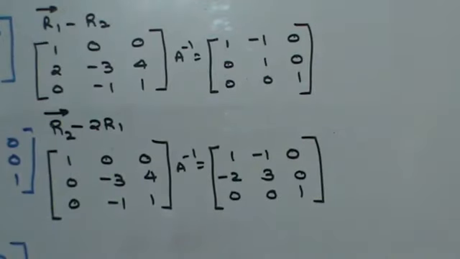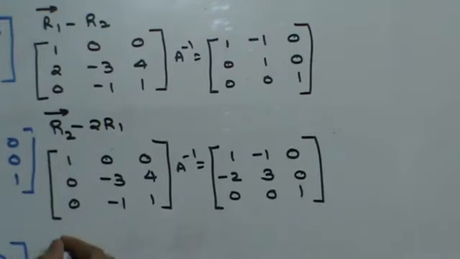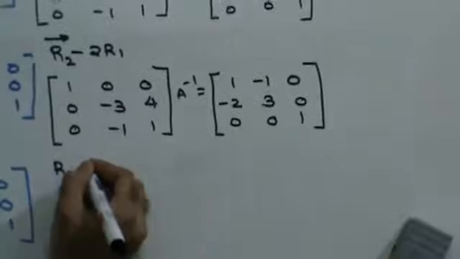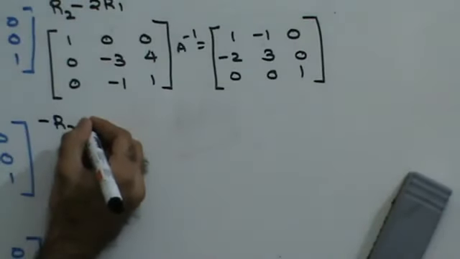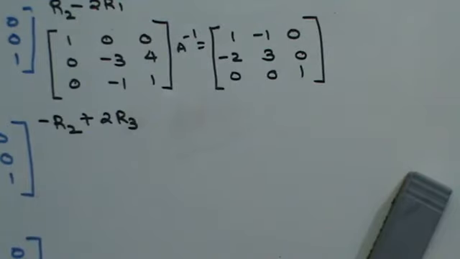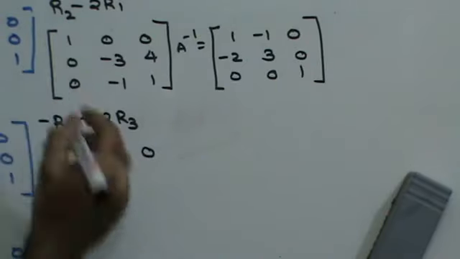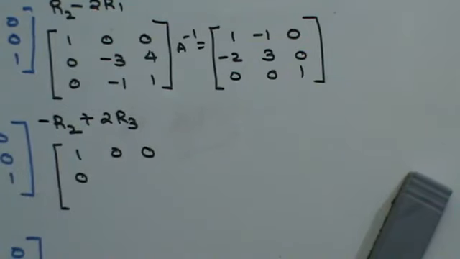Right? Now I need to make the number in the fifth position as 1. Right? I can say R2 minus R2, that will give you 3, plus 2R3. 3 minus 2 will give you 1. See this, I'll show you this. 1, 0, 0. 0 minus 0 is 0. Right?